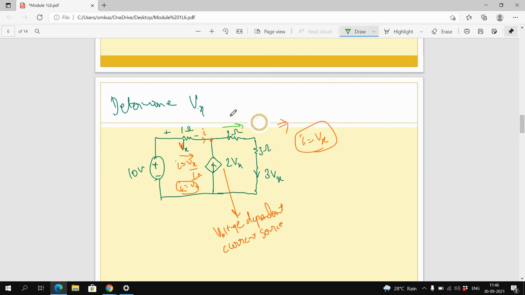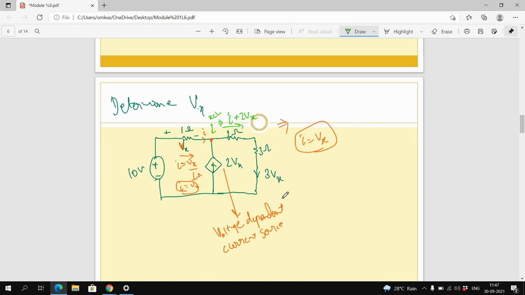Apply Kirchhoff's current law: I plus 2x current flows through this branch, because entering current is equal to leaving current through this node. So apply KCL here. Now you know the overall current flowing through this branch.